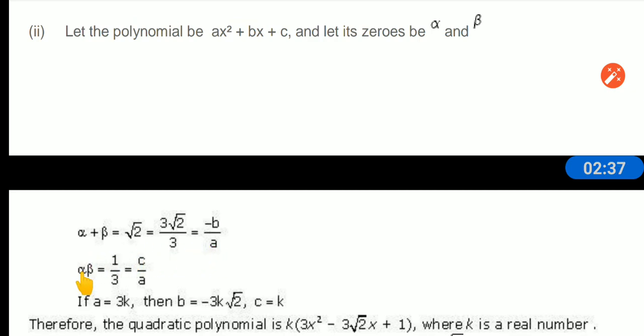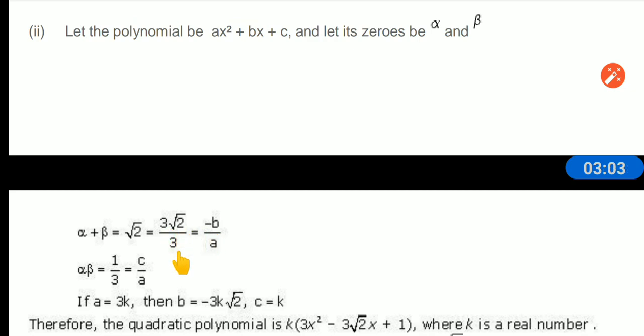Product of zeros means alpha into beta. How much is given in the textbook? 1 by 3. Product of zeros means how much, children? C by a. Observe this, in the place of a you are having 3. Here also in the place of a you are having 3. Means a is a multiple of 3. So in the place of a you can write 3k. After that, in the place of minus b you are having 3 root 2.